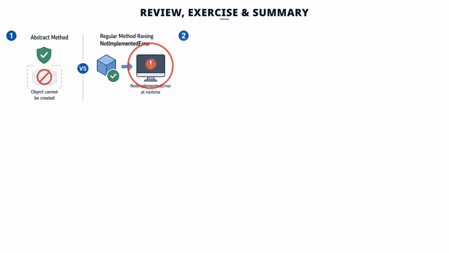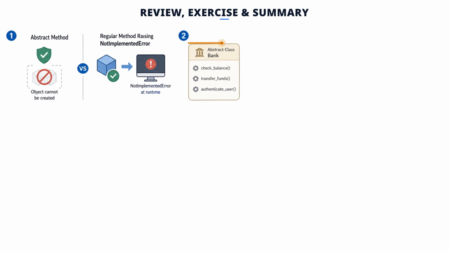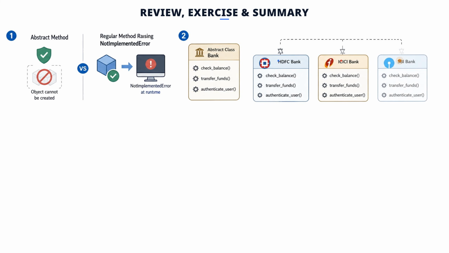Second, imagine building a multi-bank payment system. You would define an abstract Bank class that establishes the rules requiring essential methods like check balance, transfer funds, and authenticate user. This ensures that, regardless of whether you're dealing with HDFC, ICICI, or SBI, every single bank guarantees exactly these standard operations.